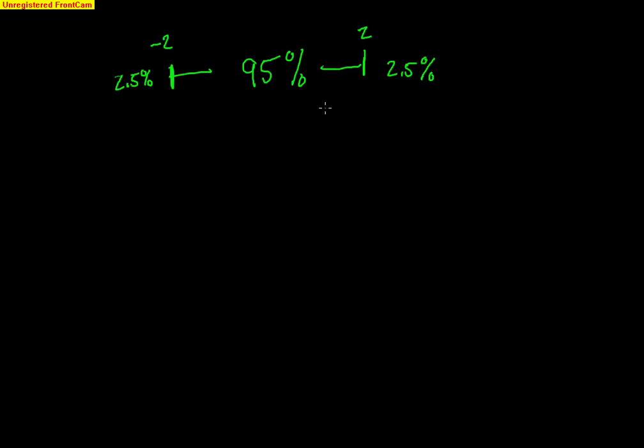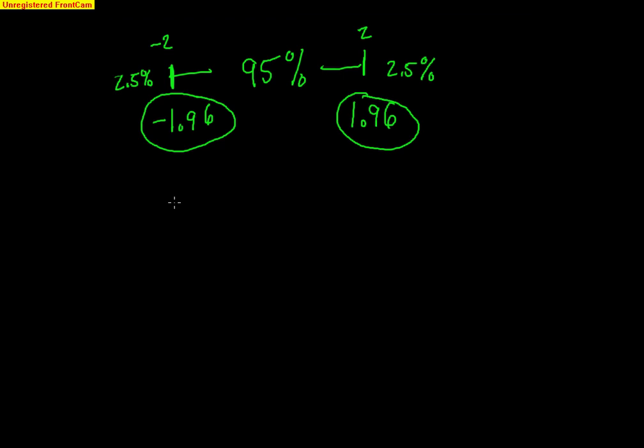So if I do an invert norm, which remember gives me z-scores, of 0.025, I get a z-score of -1.96. And that means the top 2.5% would be at +1.96. So we've been using -2 and +2 this whole time, but to be honest, it's actually -1.96 and +1.96.